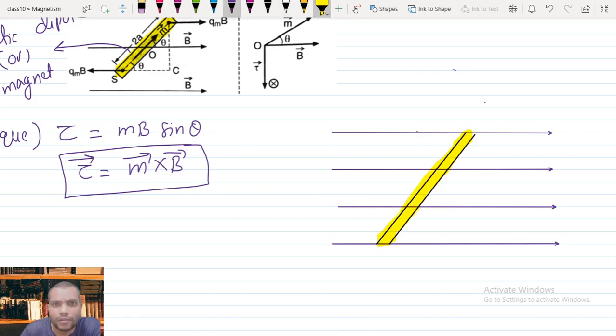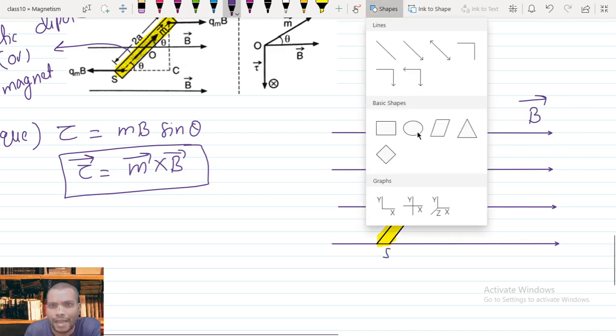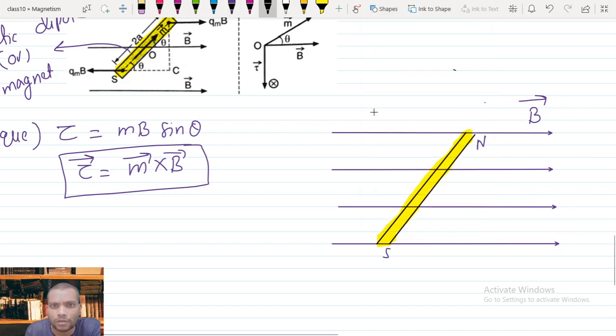Because of the external magnetic field, this is the magnetic field direction. If this is the north pole and this is the south pole, two opposite forces will act. The two opposite forces cause a couple.